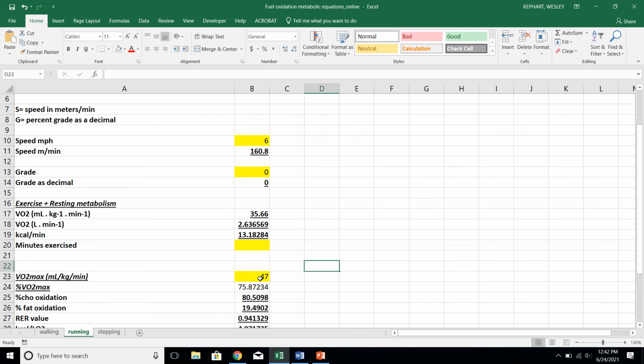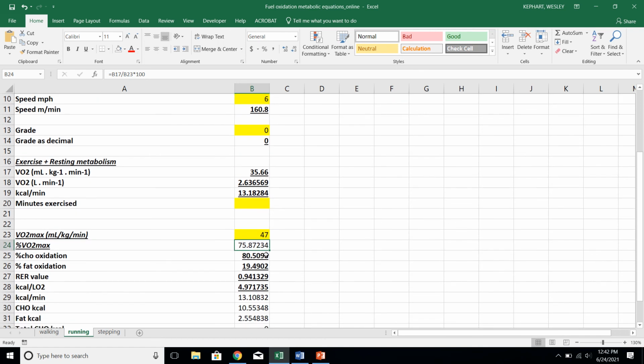So what this is telling you is that you are exercising at about 75% of your VO2 max, 76 give or take. The percent of fuel that you're oxidizing is 80.5% carbohydrates, about 19 point whatever percent fats.